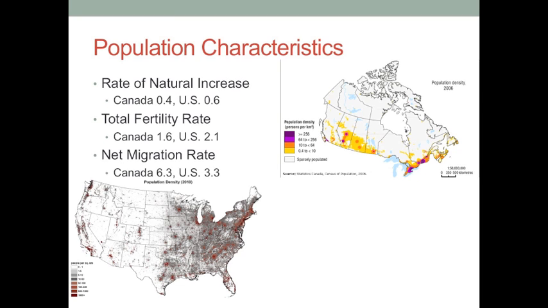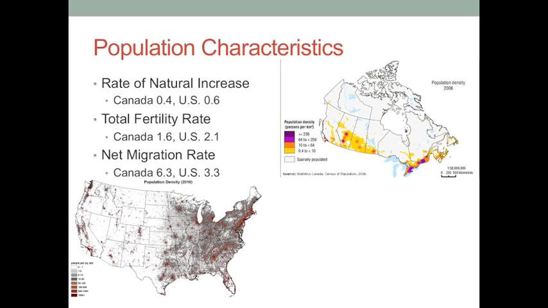There are several characteristics of the population in North America that are worth considering, and especially since this is our first region we'll be discussing, I want to point out what the terms mean and what they translate into in terms of overall population.